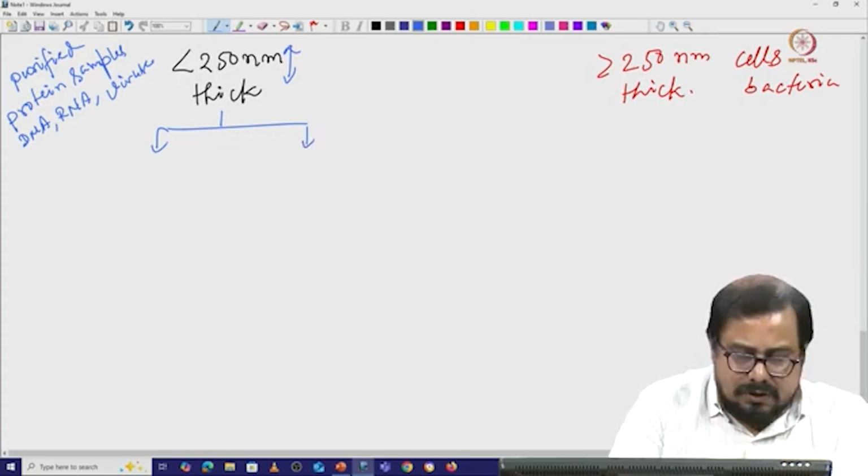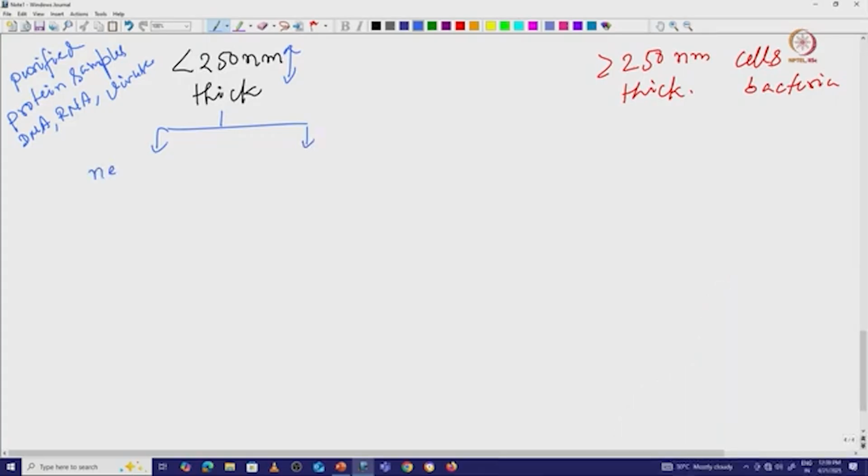One is negative staining, as we have discussed multiple times, and the other is plunge freezing. When we have negative staining, what can we do?